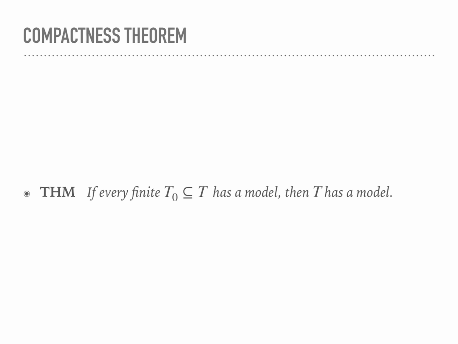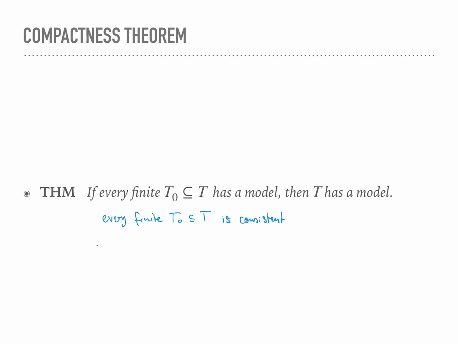Namely, if every finite T0 in T has a model, that means in particular every finite T0 inside T is consistent. But we know that a theory is consistent if and only if every finite subtheory is consistent, because if inconsistency shows up, it must already show up in a finite subtheory.